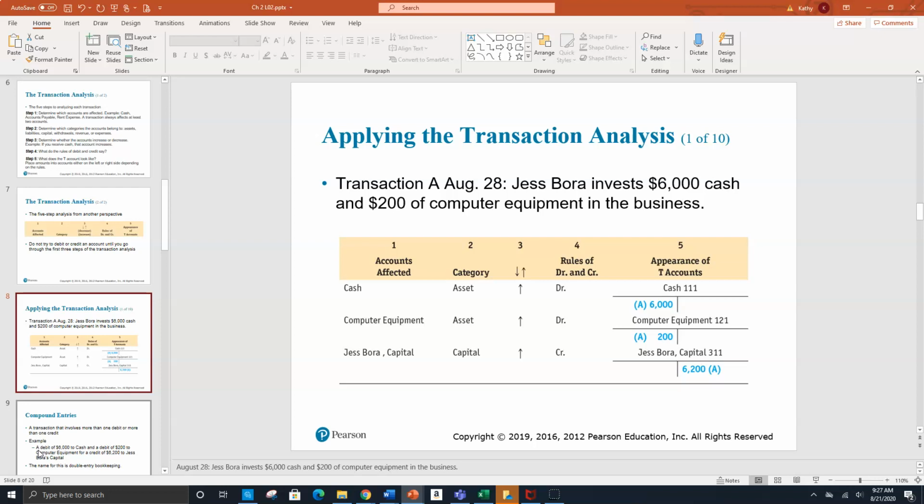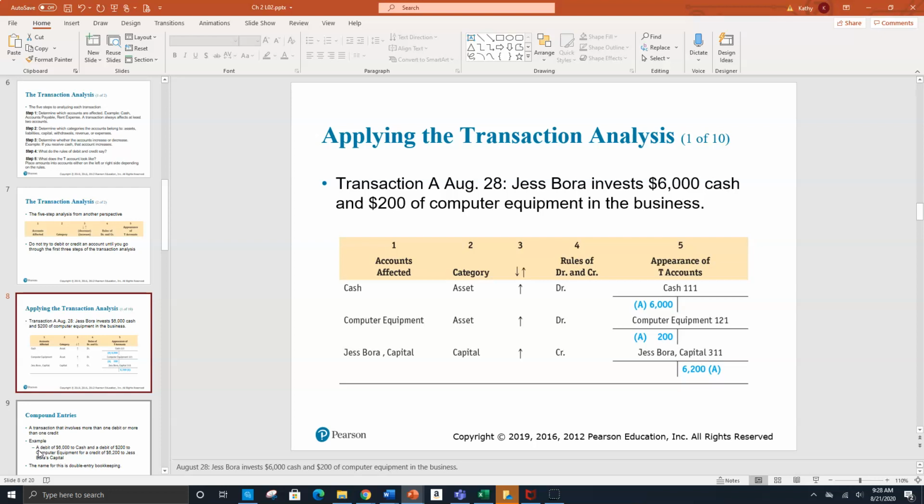The accounts affected are cash, computer equipment, and Jess Bora capital. Cash is an asset, computer equipment is an asset, and Jess Bora capital is a capital account.